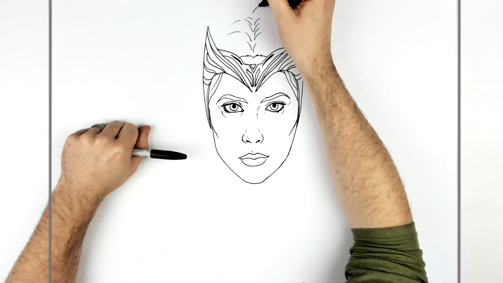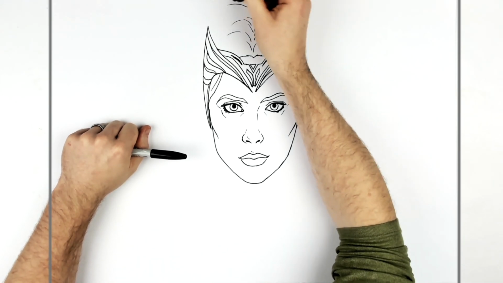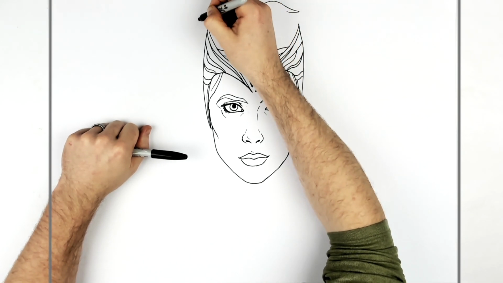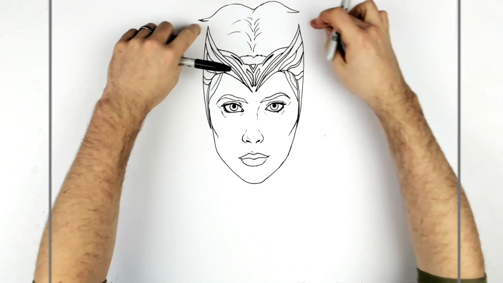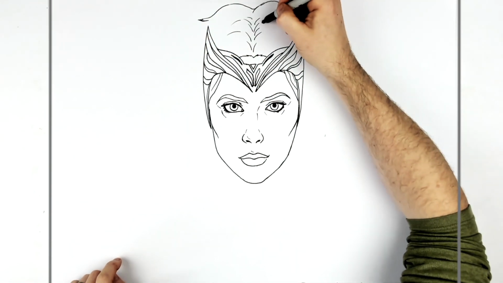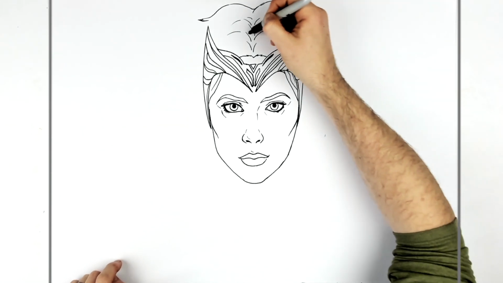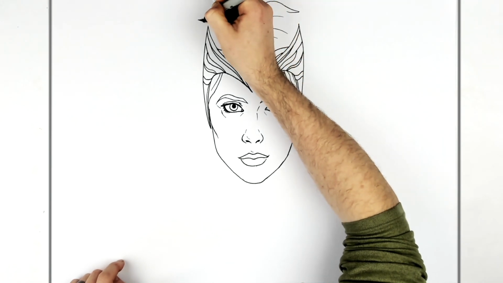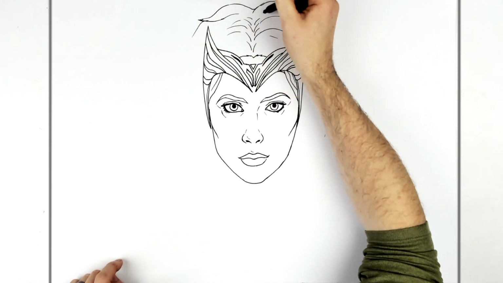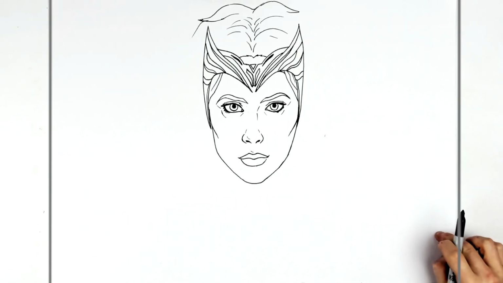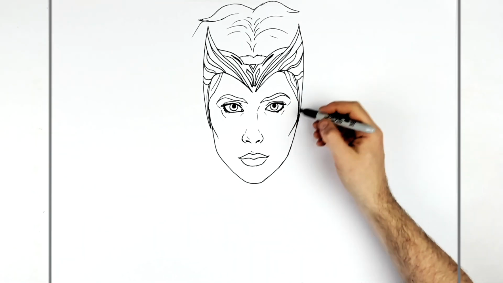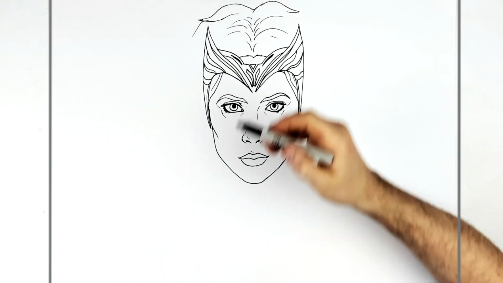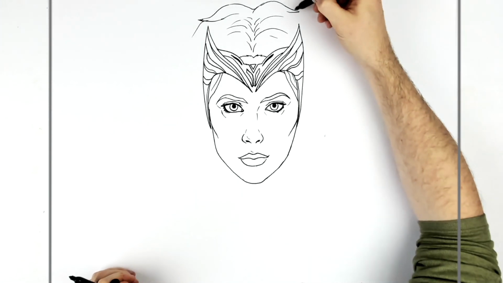So maybe. And so her hair will all flow down this way, and it eventually goes behind her head. So all goes down behind her head and her shoulders. Okay, so we'll go down a little bit, and we'll do the rest after we do her shoulders.